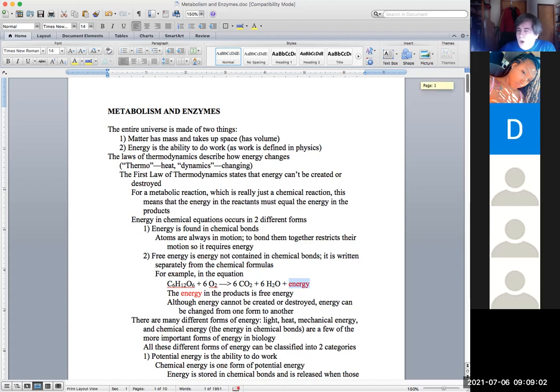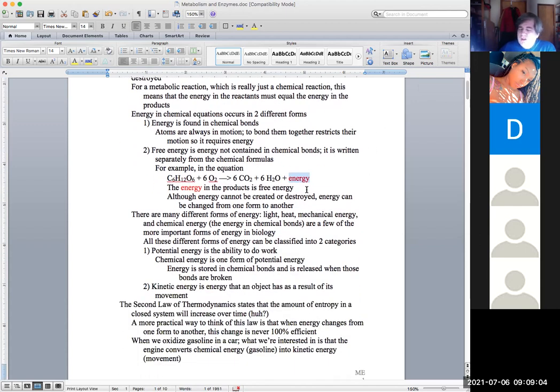So all we can do is change energy from one form to another. So in this particular equation, we have some energy in the chemical bonds of glucose. We have some energy in the chemical bonds of O2, oxygen gas. At the end, we've moved some of that energy into chemical bonds in carbon dioxide, and some of it into chemical bonds in water.